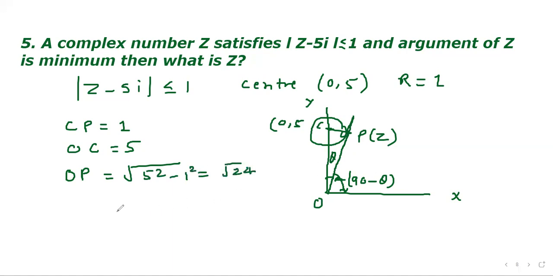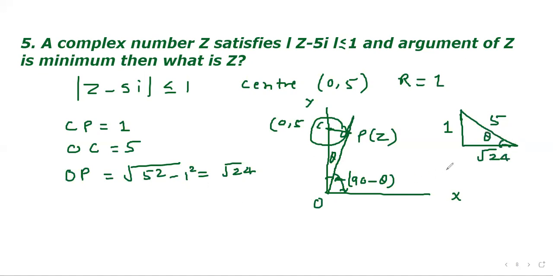From here, we can get sine theta and cos theta also. So let's draw triangle in proper way. So here, hypotenuse is 5, perpendicular CP is 1, and base OP is root 24, and this angle is theta.